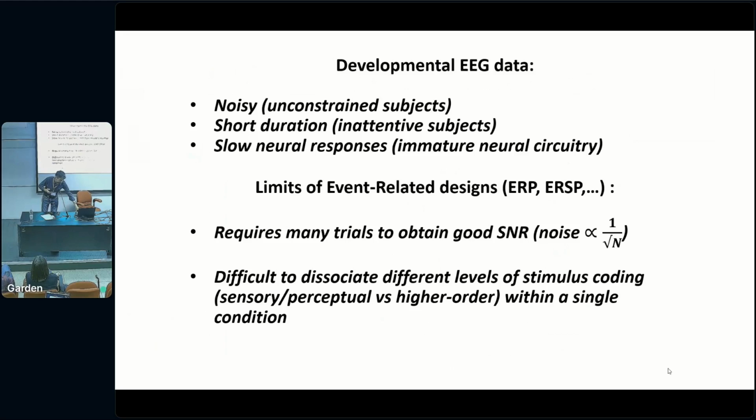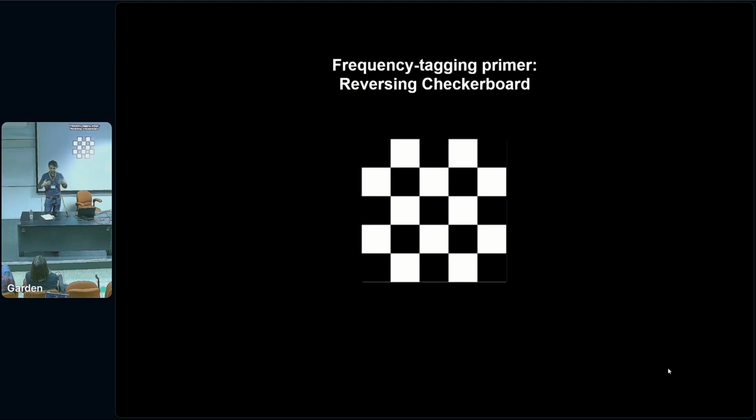To explain, I present a very simple example, which is if I present you with a reversing checkerboard, so black squares going to white and vice versa every 250 milliseconds. This is a stimulus that has a very precise frequency of presentation, which is 4 Hertz. And it's a very strong stimulation for your visual cortex.